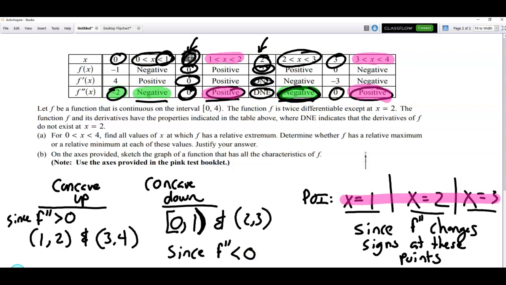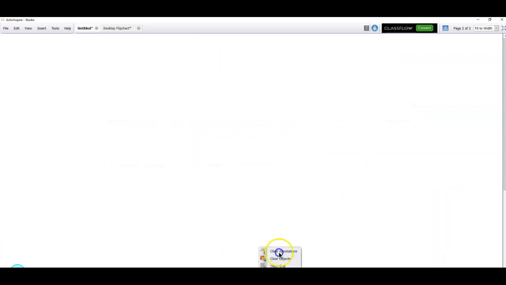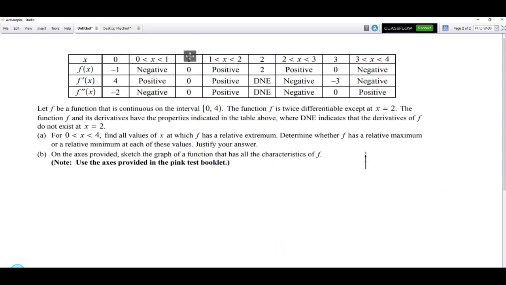Okay, so once again, I don't think I would ask both of these questions, but regardless of which one you answer, you get 1 point for the answer, and you get 1 point for your explanation. Okay, and that's it. So that's how all these work. Once again, you guys are going to be asked on your quiz to find a few different things: critical values, relative extrema, points of inflection, and concavity.